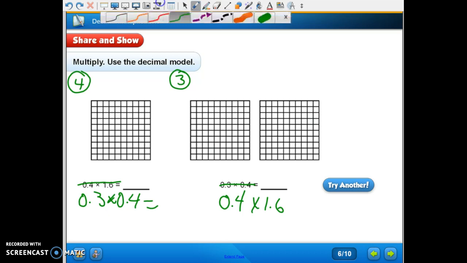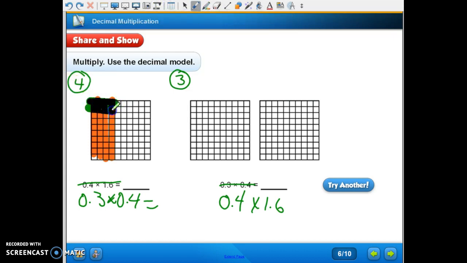How many columns are we going to shade? 4 columns, right? And how many rows across? 3. Oops, I'm going to get my different color. 1, 2, 3. So I have a 3 by 4 array, which is 12, and put your decimal in.